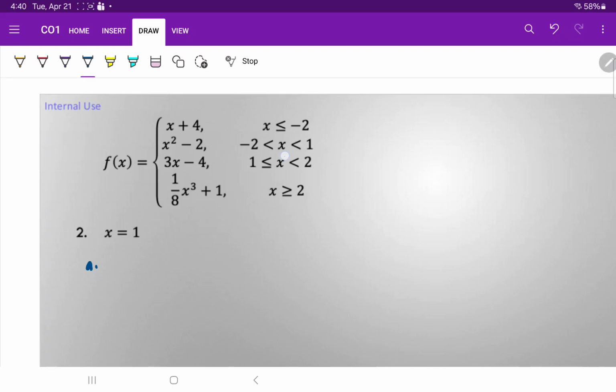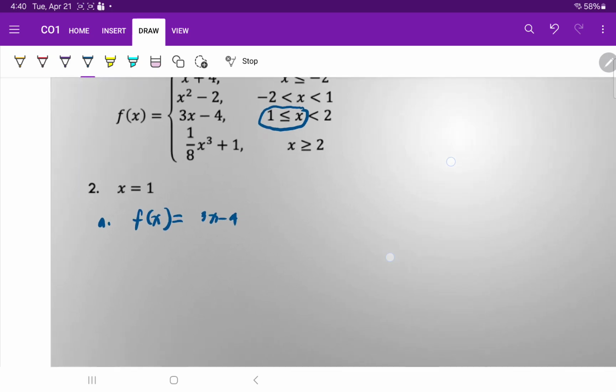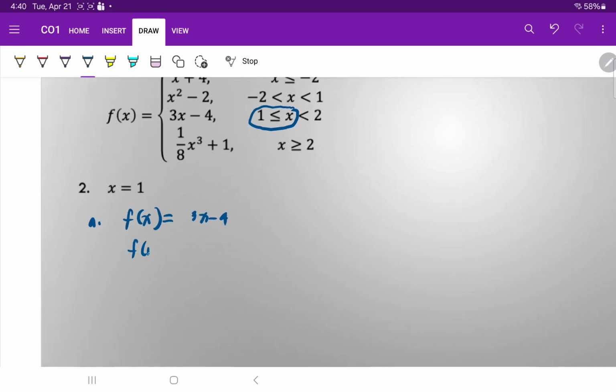It's here. x equals 1 here. So we use f of x is equal to 3x minus 4. Alright, so if you want to solve for f of 1, it is 3 times 1 minus 4, and that gives you negative 1. So we say that the first condition is satisfied because f of 1 exists and is equal to negative 1.